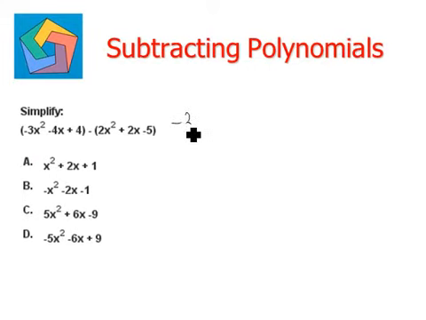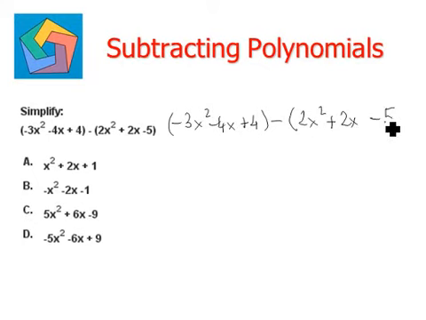Negative 3x squared minus 4x plus 4, with a minus sign over here, then 2x squared plus 2x minus 5. Now we write down the first polynomial as it is. For the next polynomial, you have to open up the parentheses.